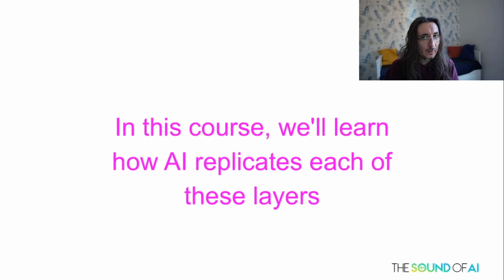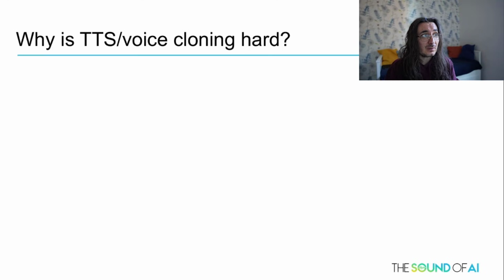And so in this course, we'll learn how AI replicates each of these layers with different techniques, with different approaches. What we're trying to do with speech synthesizers is get all of that complexity and replicate it in our systems. And so, after this lecture, you should be able to answer that question by yourself.